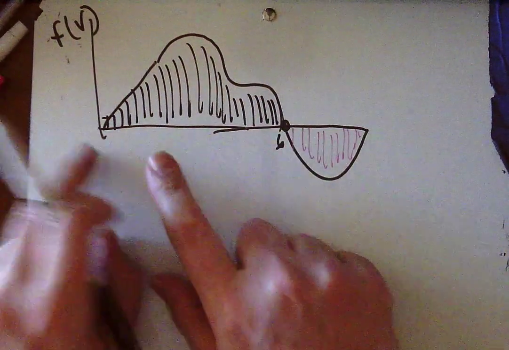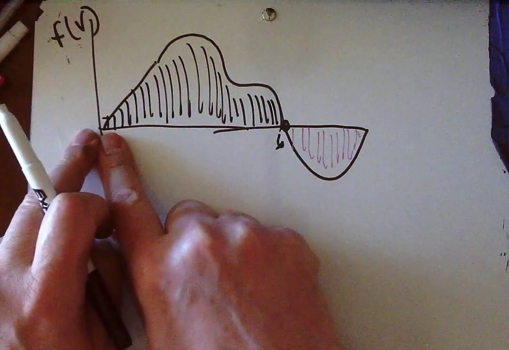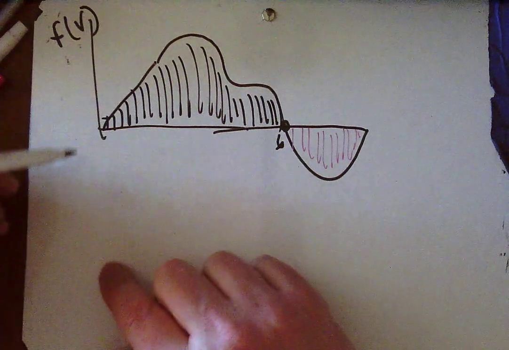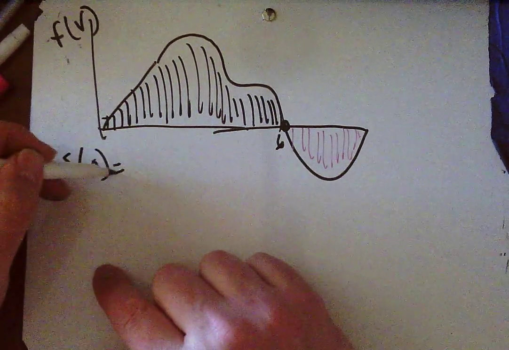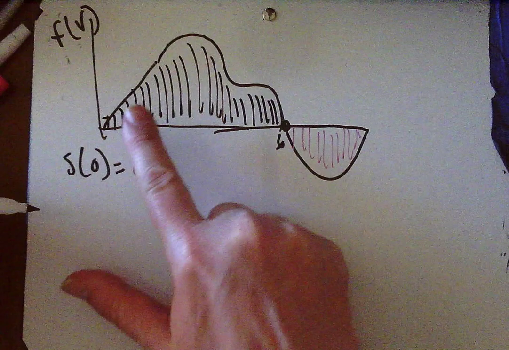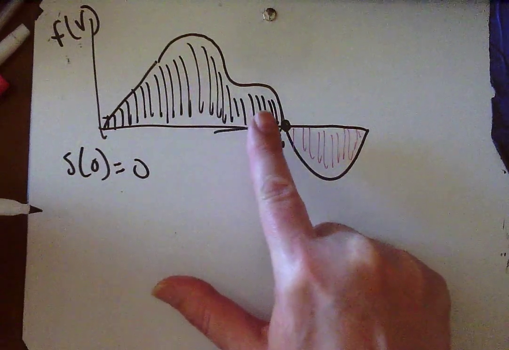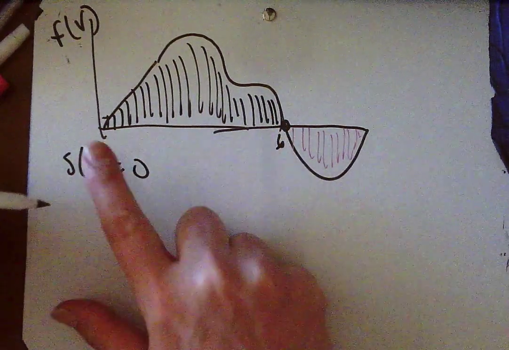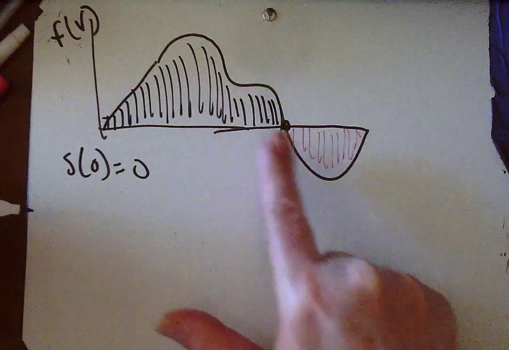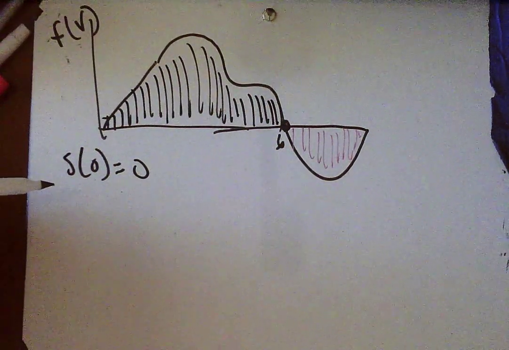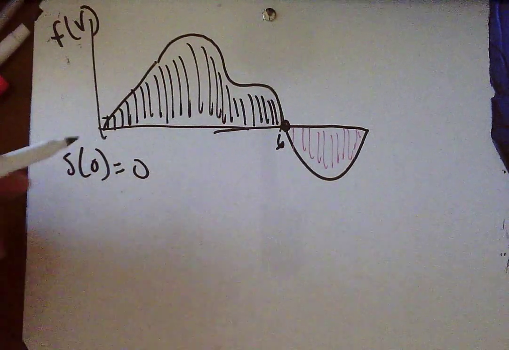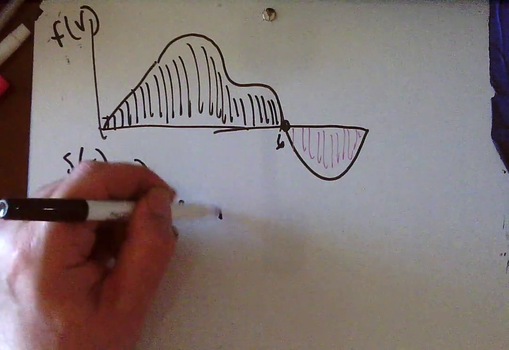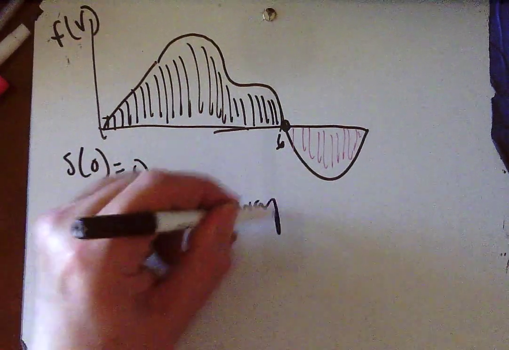And so what was happening here? Well, I was starting someplace and, let's say s of 0 equals 0. And I'm moving to the right, moving to the right. So this is me moving to the right for those first 6 seconds. Okay, moving away from the origin.